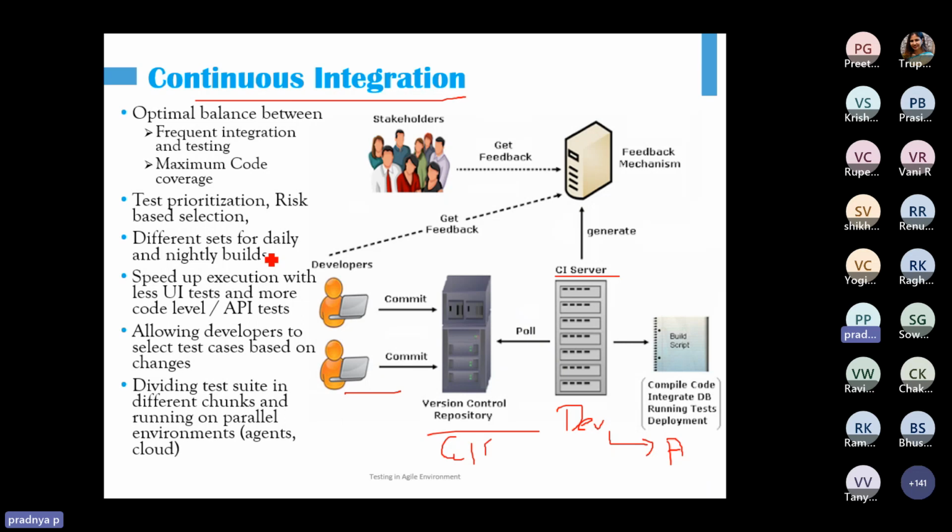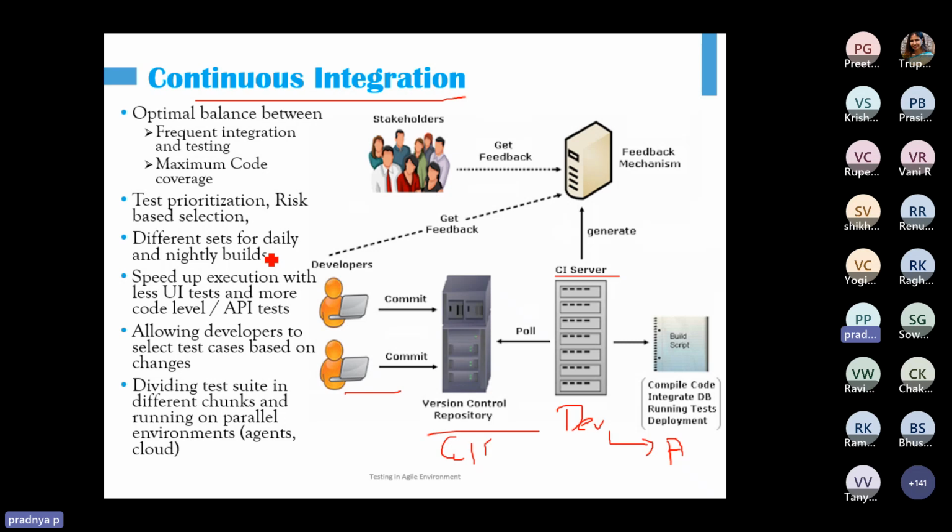It is possible that we are having more and more code level tests, which will ensure that faster regression is completed, right? UI automation may take a little more time to execute than the code level automation, right? We can also think about how we can give flexibility to developers to select the test cases based on the areas that they have changed.